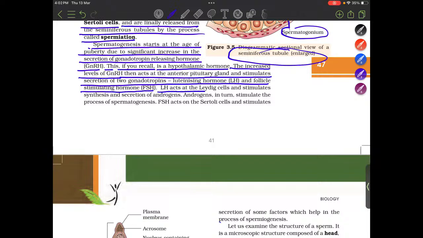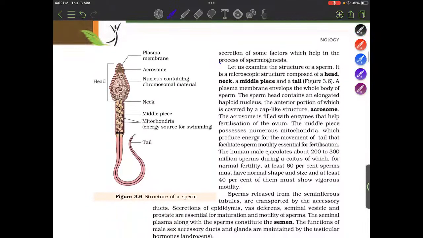Luteinizing hormone acts on Leydig cells and stimulates synthesis and secretion of androgens. Androgens in turn stimulate the process of spermatogenesis. Follicle stimulating hormone acts on Sertoli cells and stimulates secretion of some factors which help in the process of spermiogenesis.